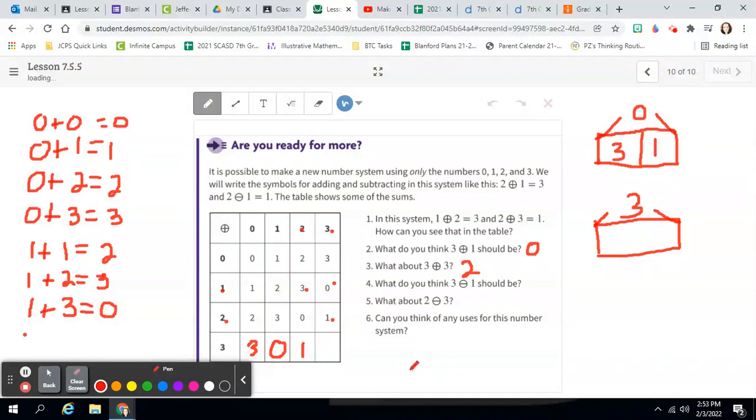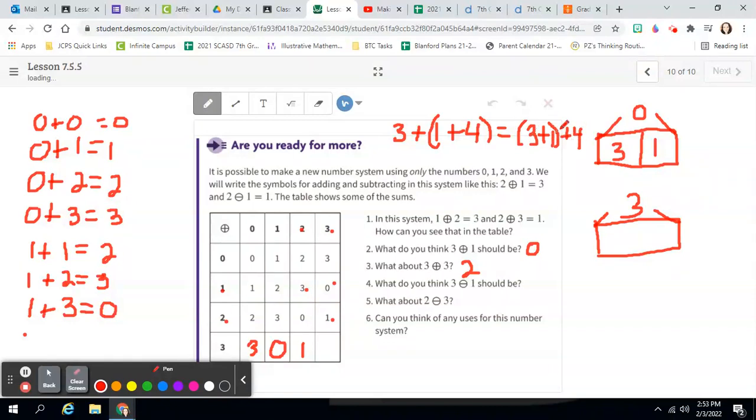So what I'm going to use is called the associative property. What the associative property means is that if I have numbers that I'm adding up, for instance 3 plus 1 plus 4, the associative property says that 3 plus 1 plus 4 is going to be equal to 3 plus 1 first, plus 4.